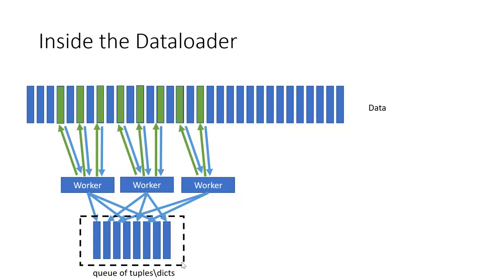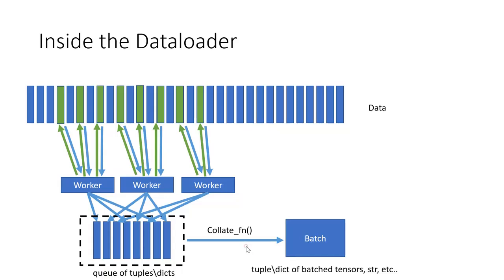These are still organized as individual samples, and we want to use them as batches. This conversion from individual samples into batches is done through what's called the collate function, which is also contained within the DataLoader. It takes the individual entries, individual tuples or dicts, and turns them into a single tuple or dict that contains batched tensors.